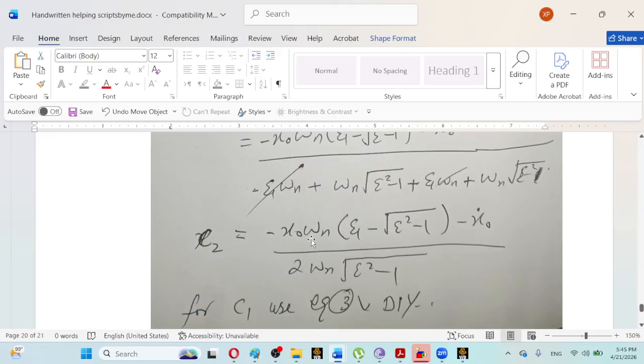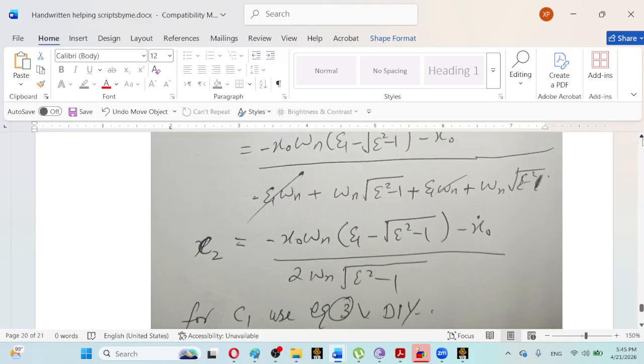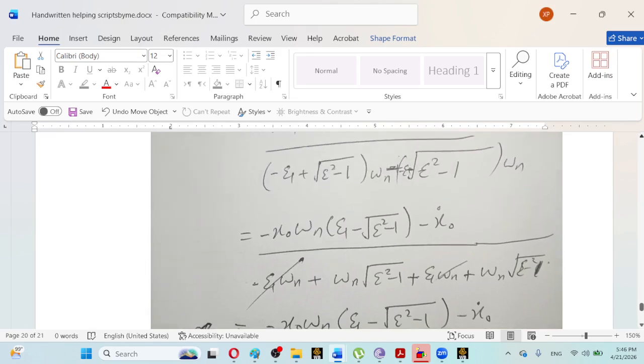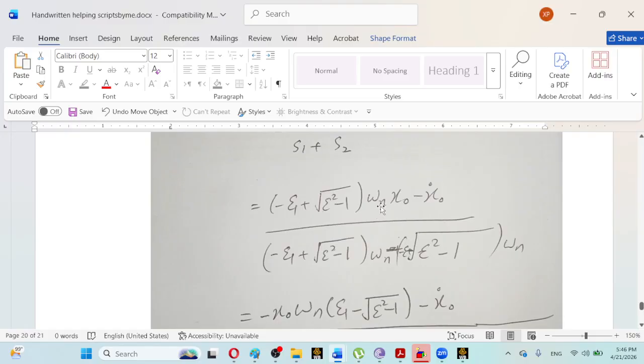Like this, minus x naught omega n, because the negative sign is taken common from this term, so this negative has been multiplied with omega n x naught, so minus omega n x naught, and inside the parenthesis will be damping factor minus square root of damping factor squared minus 1.